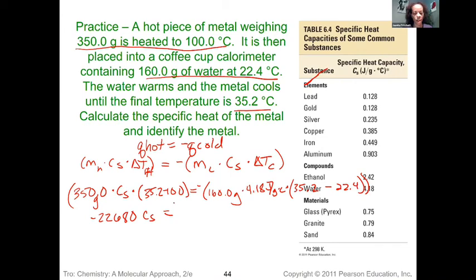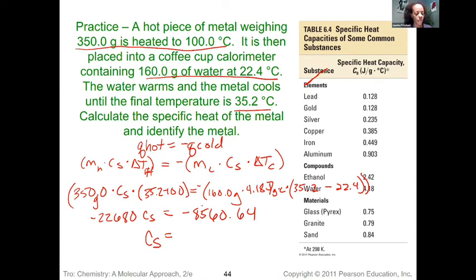So we'll do 35.2 minus 22.4 times 4.18 times 160. And that gets us negative 8560.64.